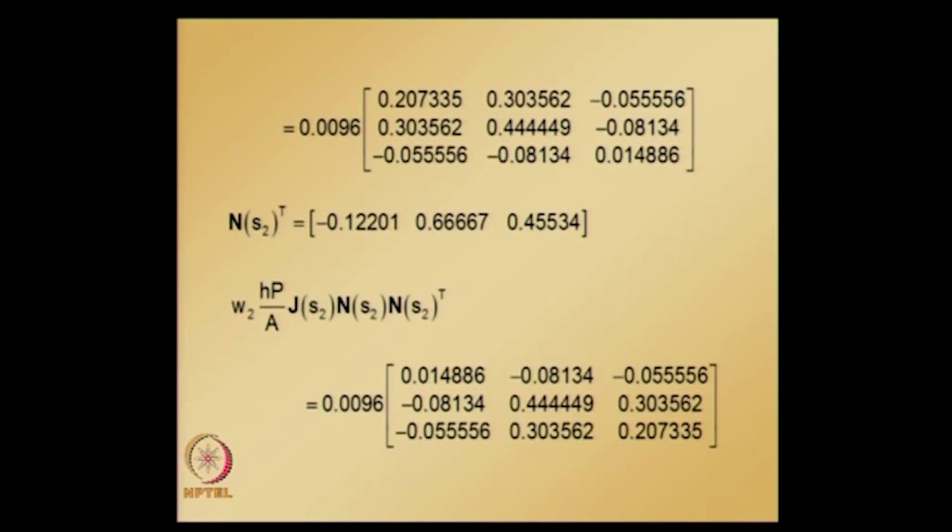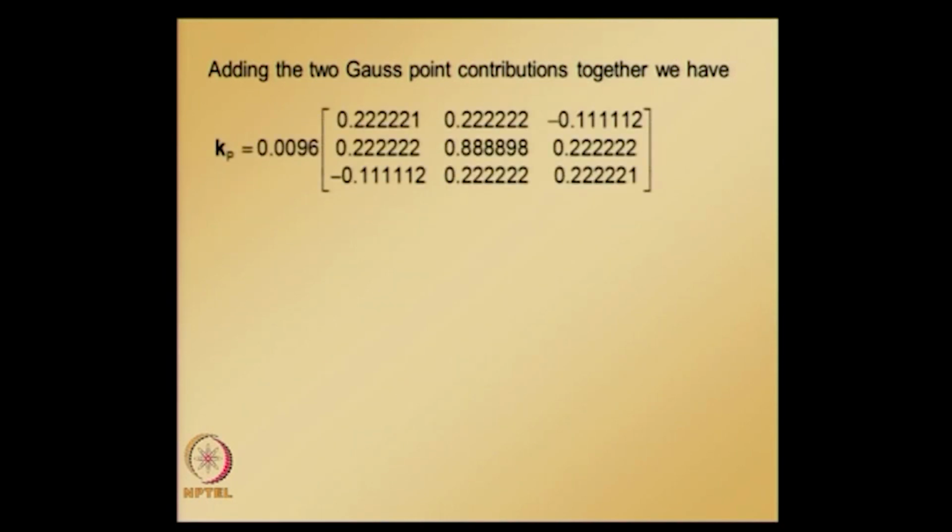So, now we have the integrand value at the first integration point times W1, integrand value at the second integration point times W2, add these two together, adding the two Gauss point contributions together we get the Kp value. So, this is how we can evaluate integrals using numerical integration.